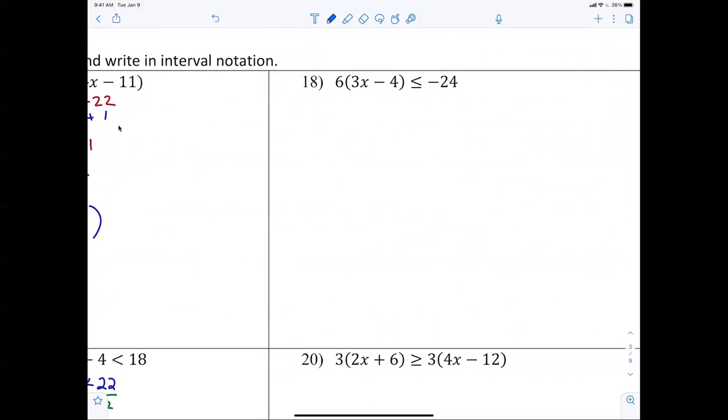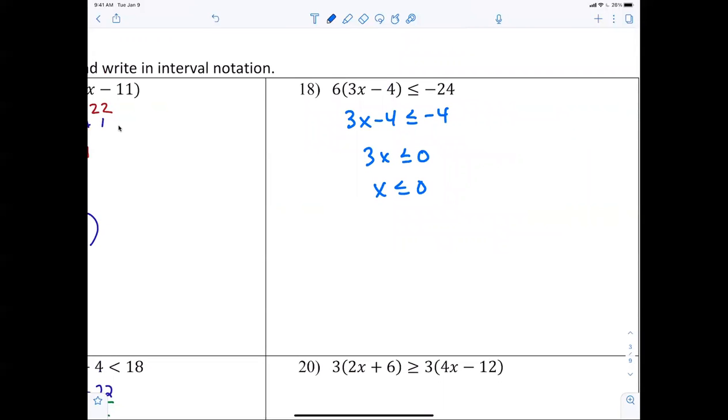18. All right, divide by 6 first. 3x minus 4 less than or equal to -4. Add 4. And so x is less than or equal to 0. Is that right? So think about less than or equal to 0.